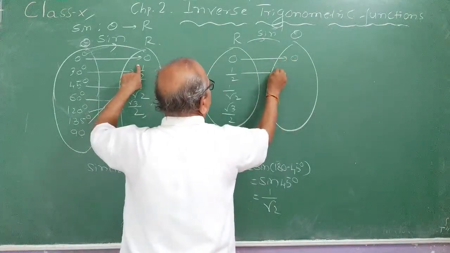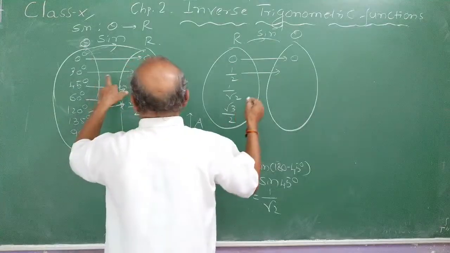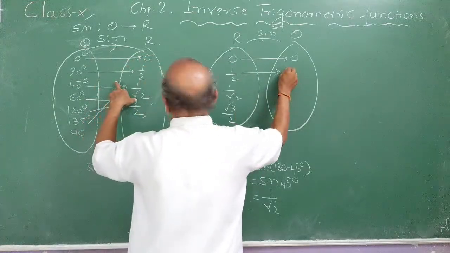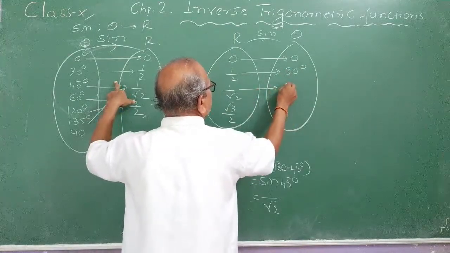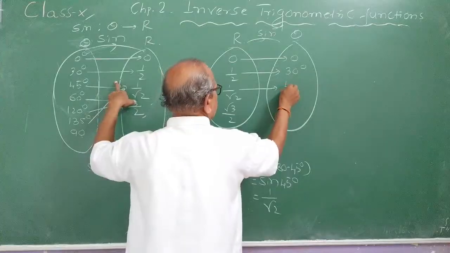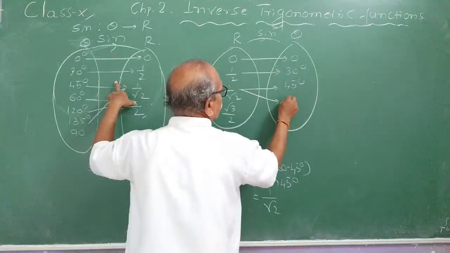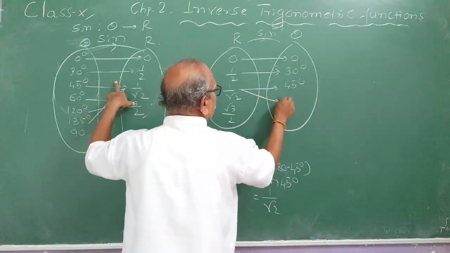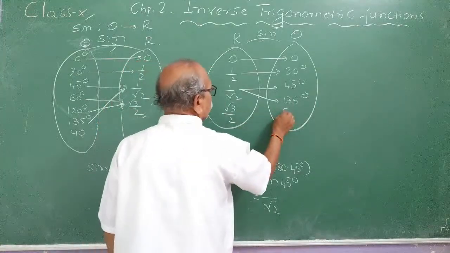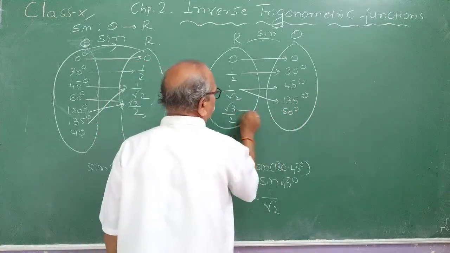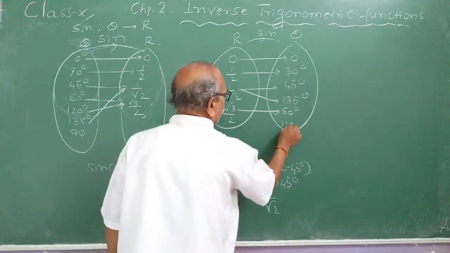Inverse image of 1 by 2 will have two values. That is 30 degree. Inverse image of 1 by root 2 is 45 degree, and it is also 135 degree. Observe, root 3 by 2. Inverse sine of root 3 by 2 is 60 degree as well as 120 degree.